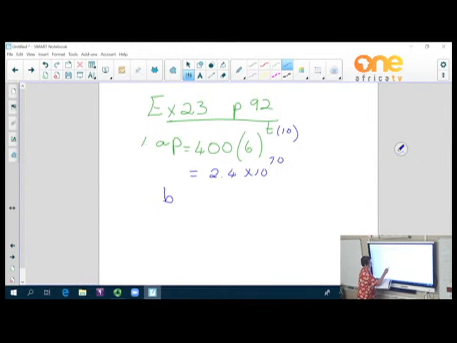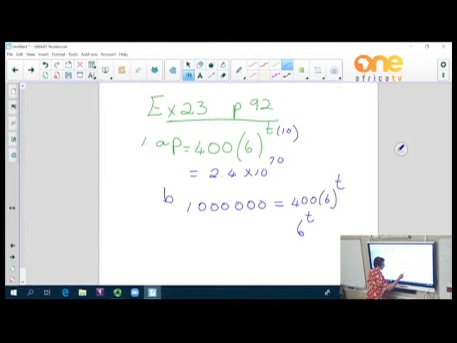Then they say, when will there be 1 million coronaviruses? So we have to equate the population now to 1 million is equal to 400 times 6 to the power of T. Now again, power first, then multiply. So we have to get rid of this initial value right at the beginning before you can continue going on there.